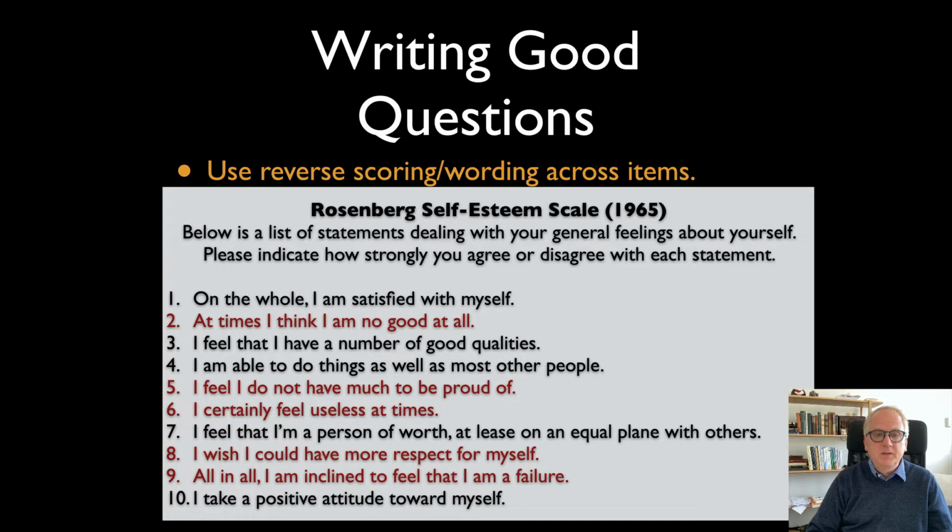So if I have somebody who just goes through and says, I agree, I agree, I agree on all 10 of those items, that would tell me that perhaps I've got somebody who just has a response bias, and perhaps I should eliminate that person's data from my study because maybe they're not really reading the questions, or they just have this propensity to always want to agree with everything. So that is why I want to reverse score or reverse word these items, so I can mix it up a bit and see if I can really get at a response bias.